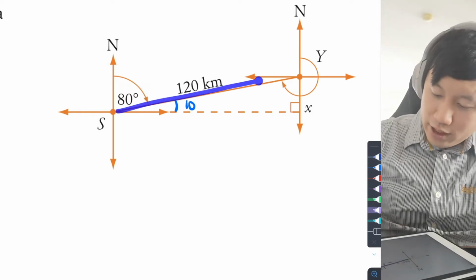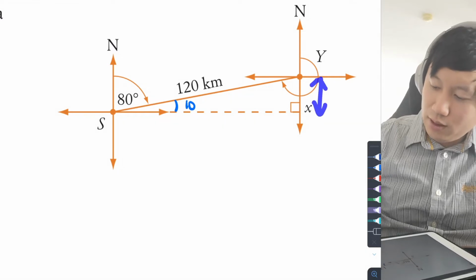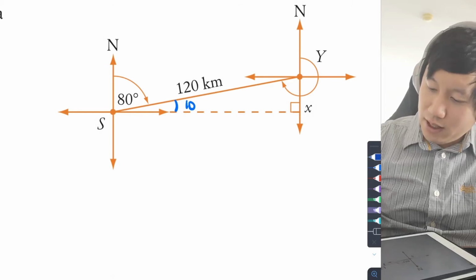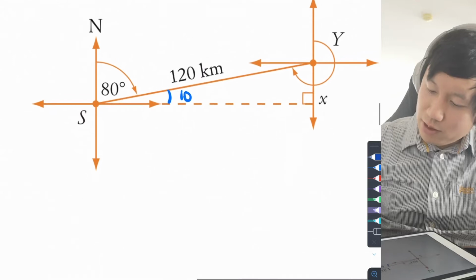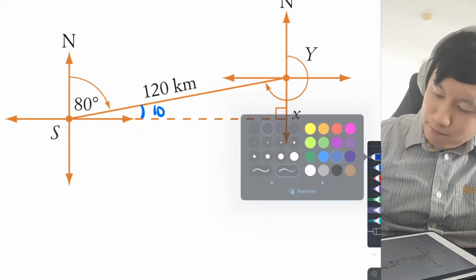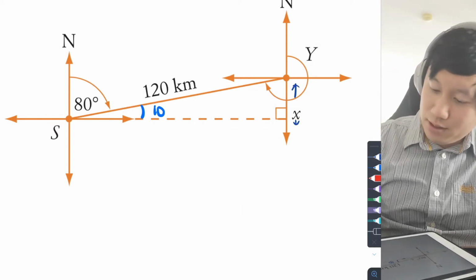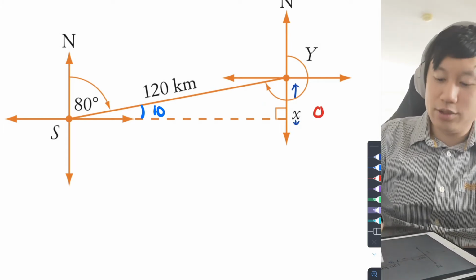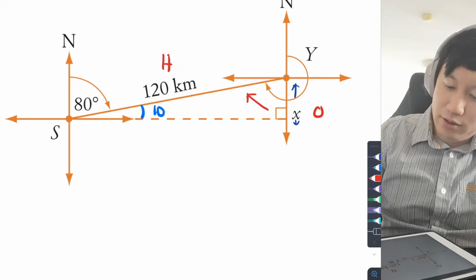Now if you look at this triangle, and we're trying to find this, let's call this x. Now if that is x, then x is the opposite edge, whereas 120 kilometers here is our hypotenuse, and x is opposite the 10-degree angle.